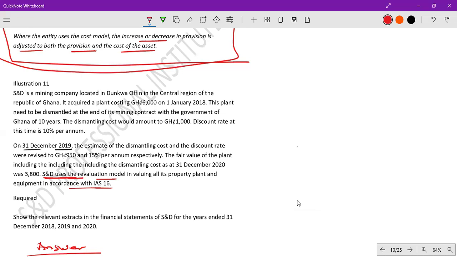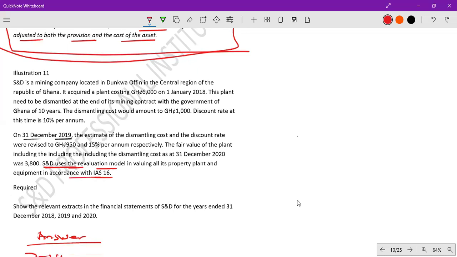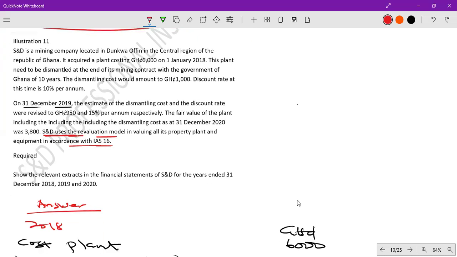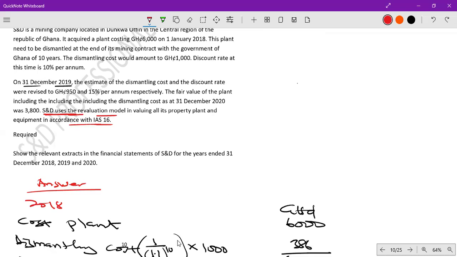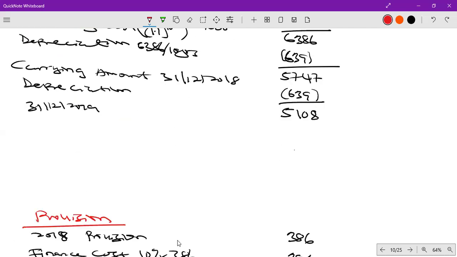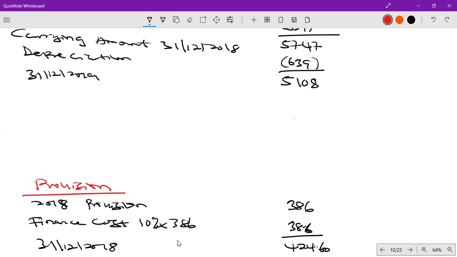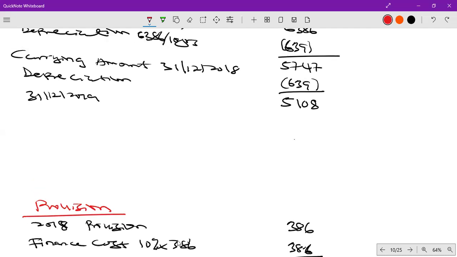Then in 2020, the asset was revalued to a fair value of 3,800 at the end of 2020. So let's determine the depreciation for 2020. How much will be the depreciation for 2020?